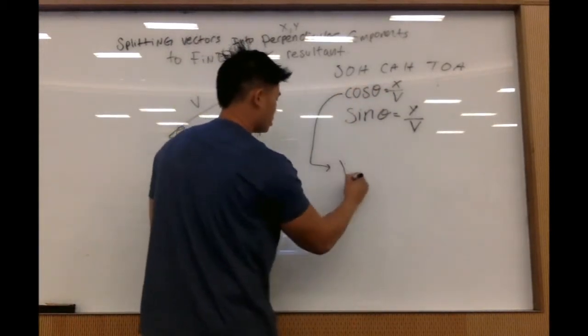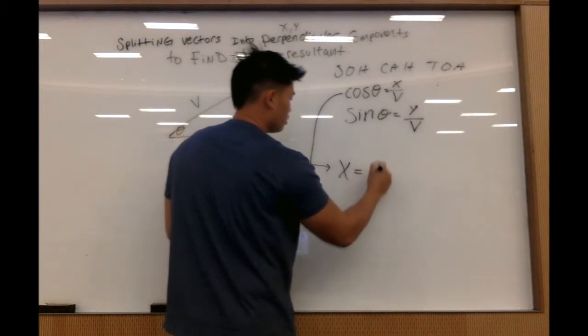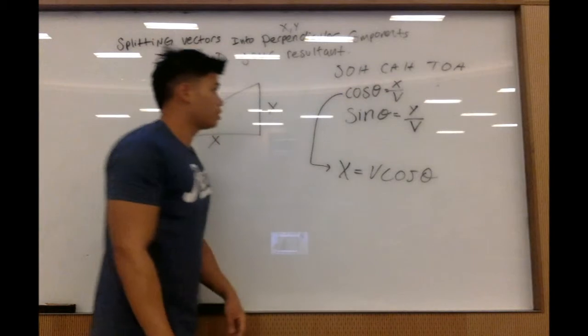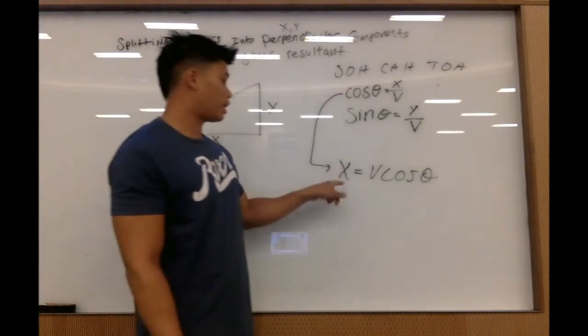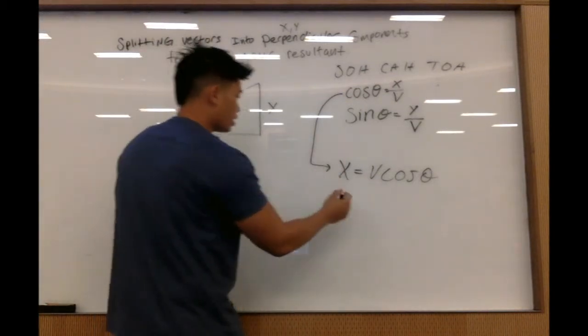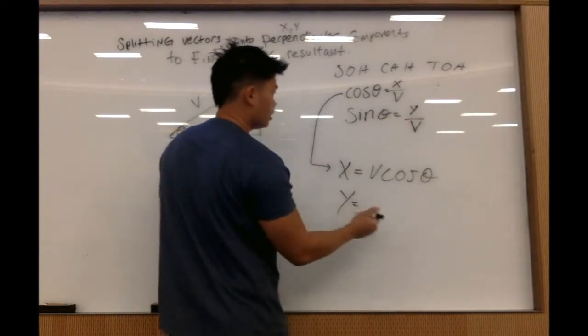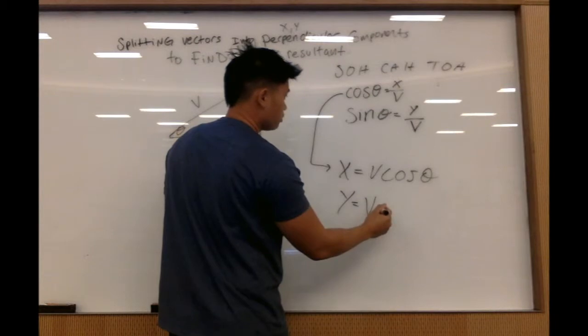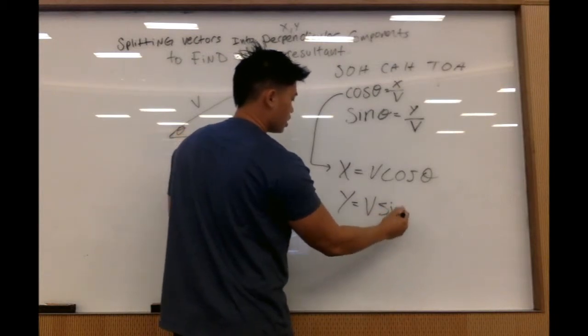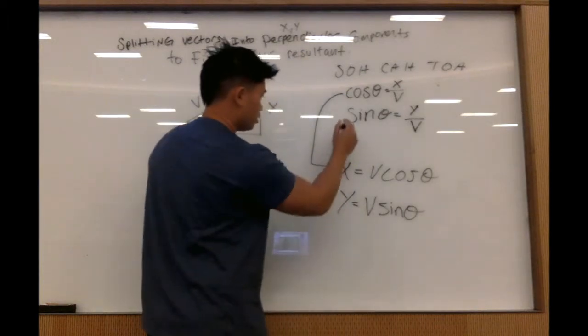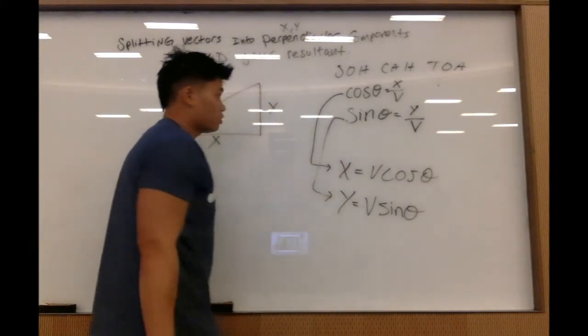So it will be x equals v cosine theta. That's how you get your x component. To get your y component, same thing with sine. You have y equals v sine theta. All right, that's how you break down to your x and y components.